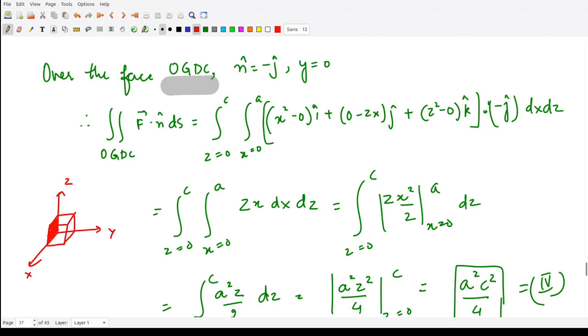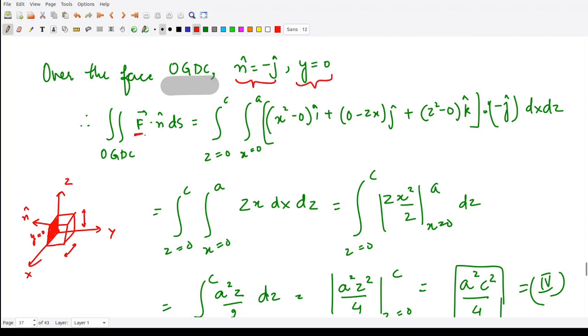Now this face has the value of y equal to 0, because at all the points here y is equal to 0. The only things varying are x and z. Moreover, the unit vector drawn perpendicular would be in the negative y direction, right? So we have n vector to be minus j cap, and y here is equal to 0.